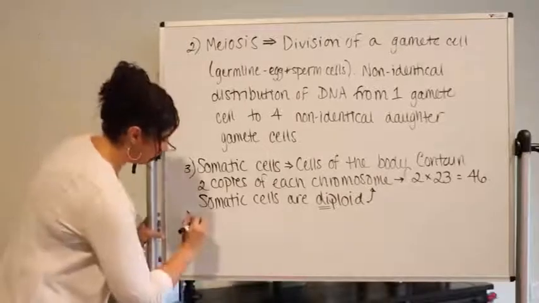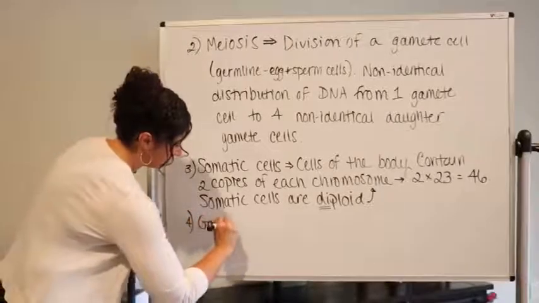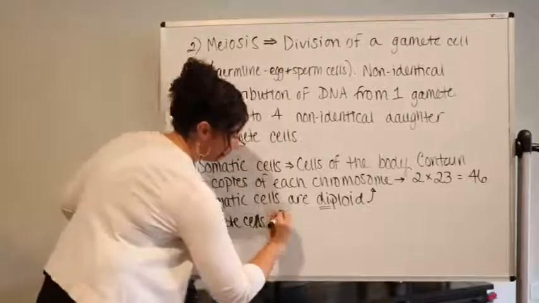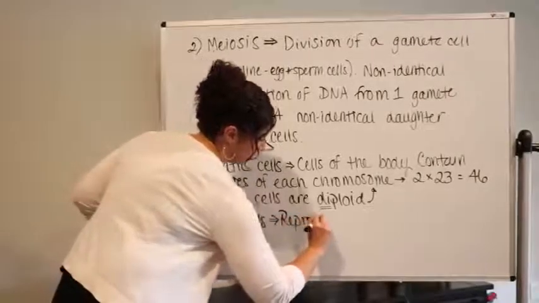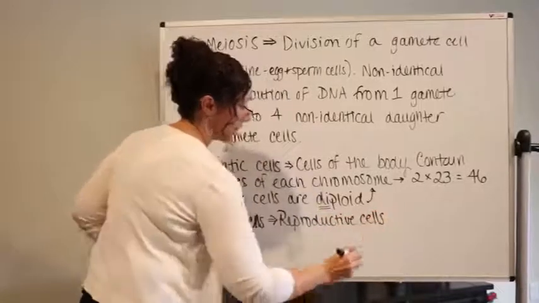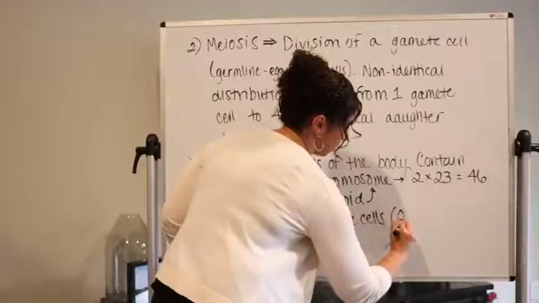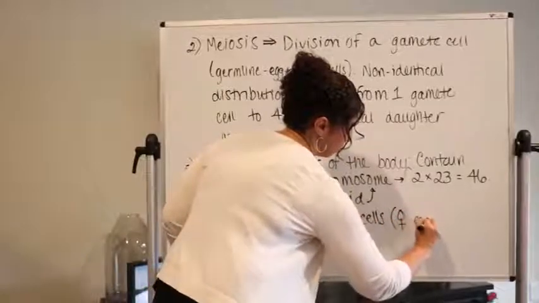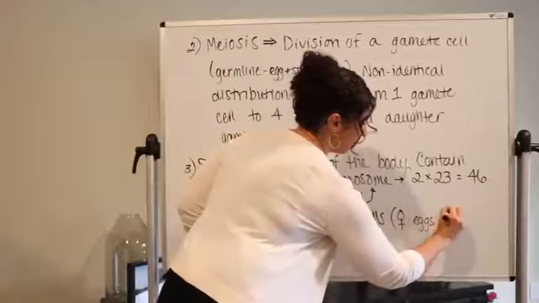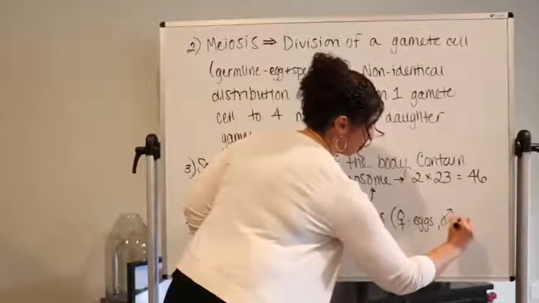So your gamete cells, these are our reproductive cells. And for ladies, it's eggs. This is the universal sign for female. And for males, that's the universal sign for male, it's sperm.